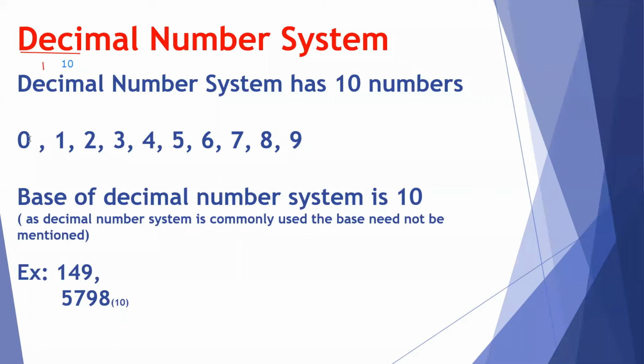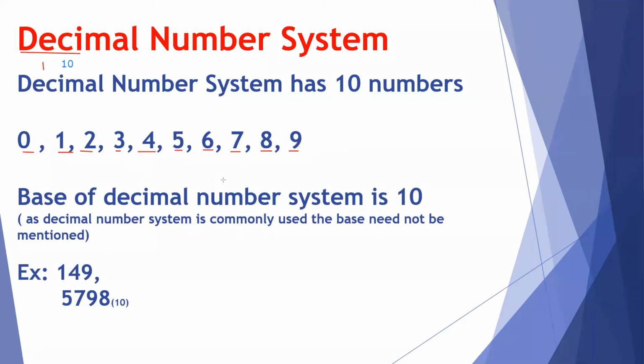So what are the numbers? 0, 1, 2, 3, 4, 5, 6, 7, 8, and 9. These are the numbers present in the number system.